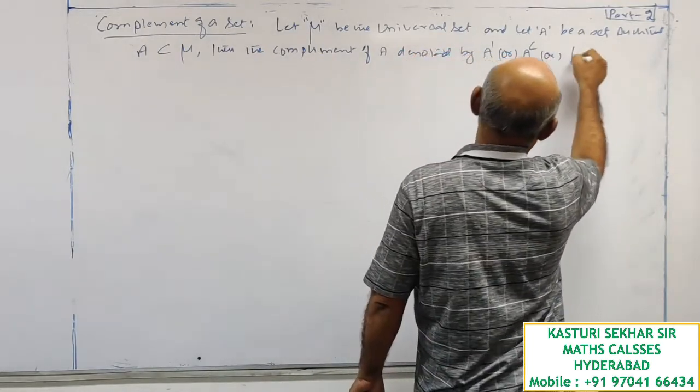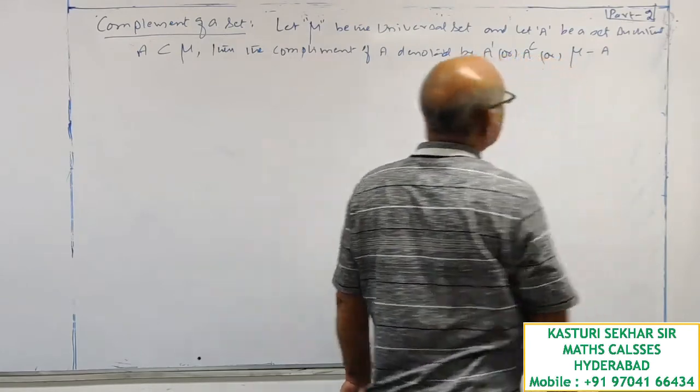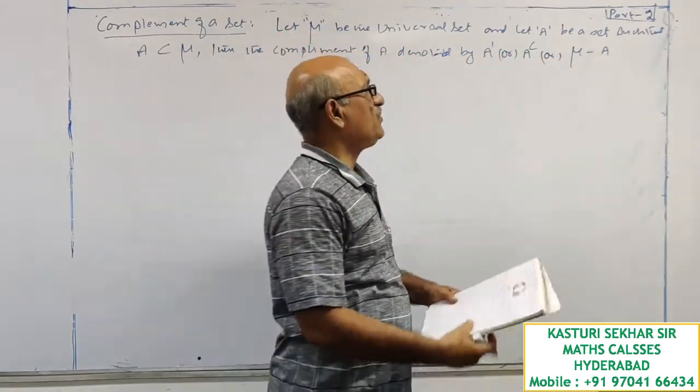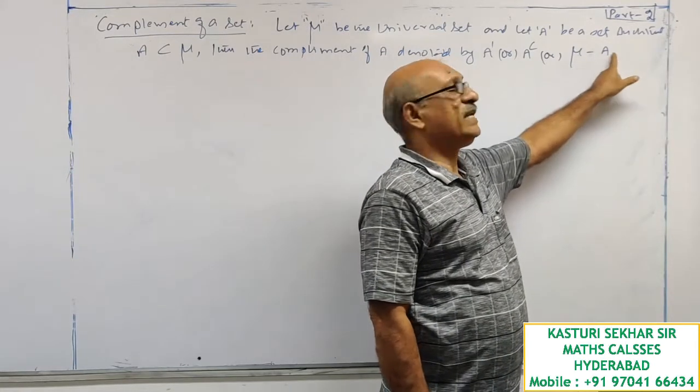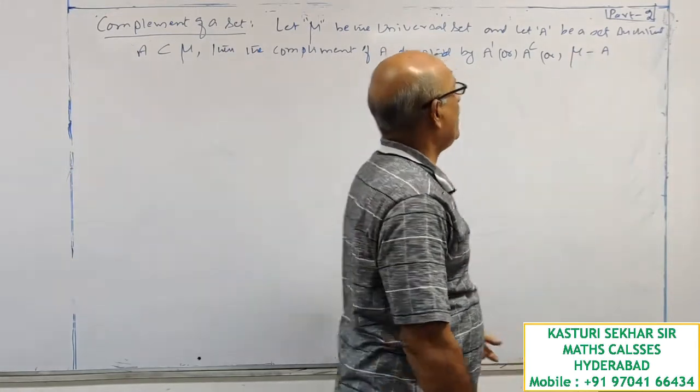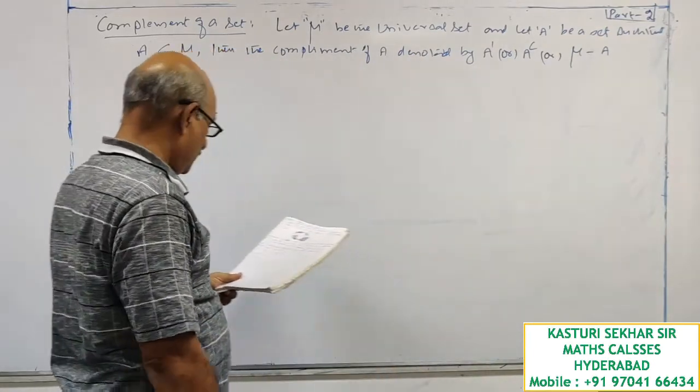Or you can write universal set minus A. Mu minus A means you are including only those elements of mu which are not in A. Mu minus A, difference of these two sets.